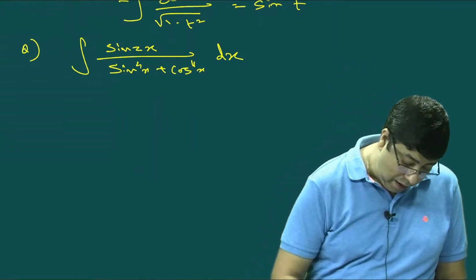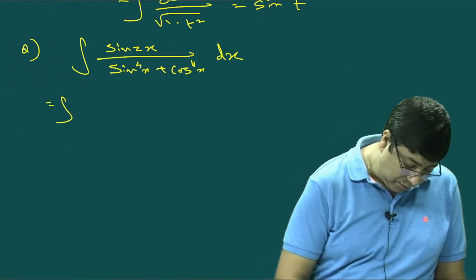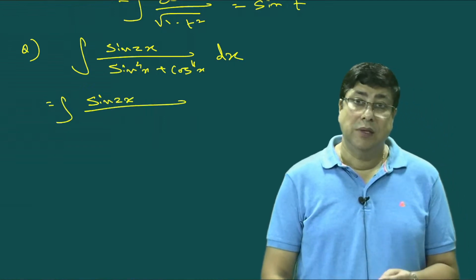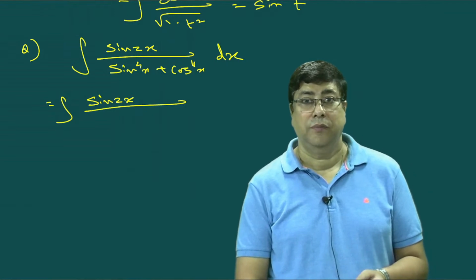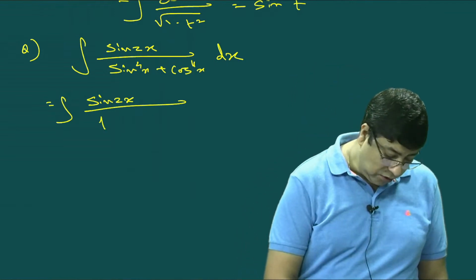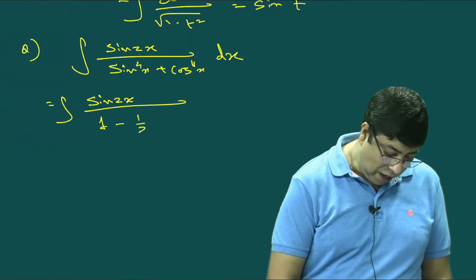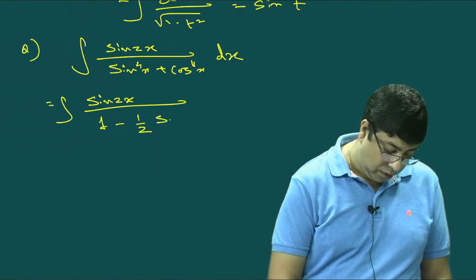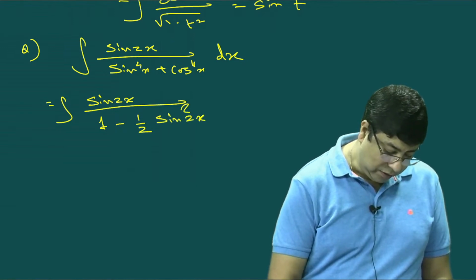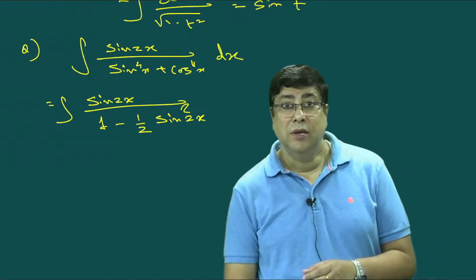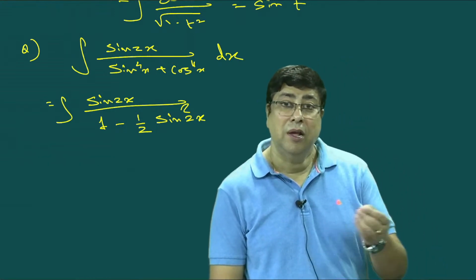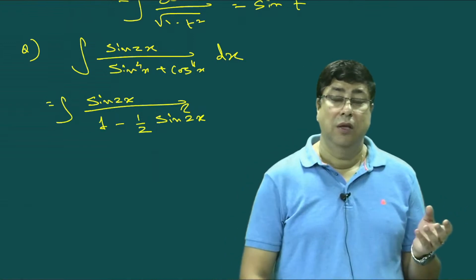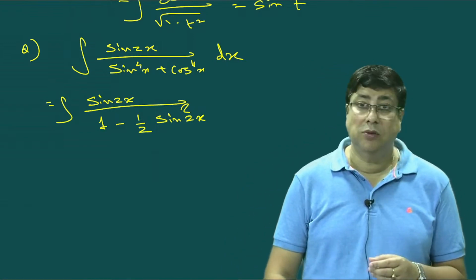Okay, so in this case we can write the denominator as a square plus b square equals a plus b whole square minus 2ab. So sin square plus cos square is 1, minus half sin square 2x. The numerator is sin 2x, whose derivative is cos 2x. I am taking the constant outside.